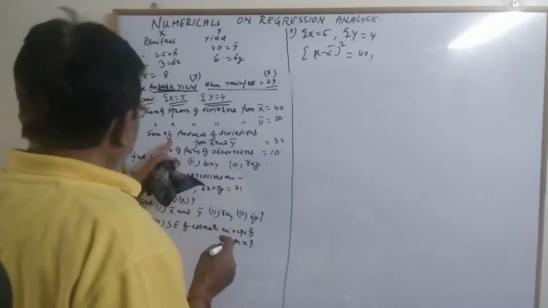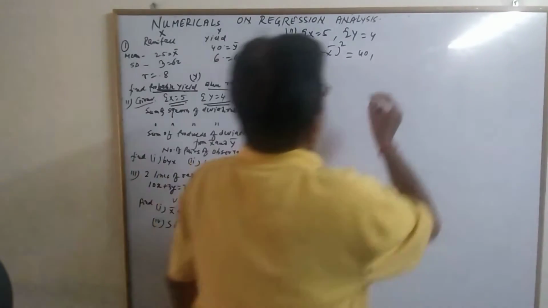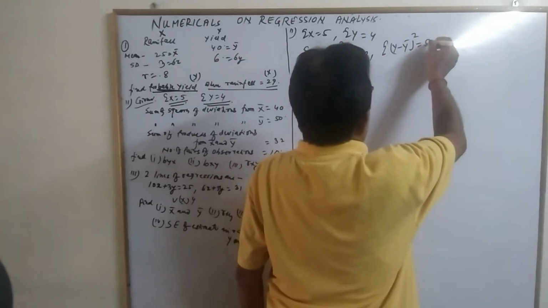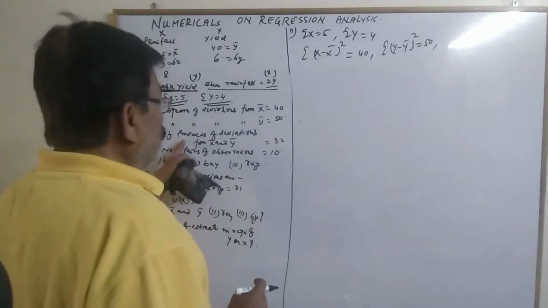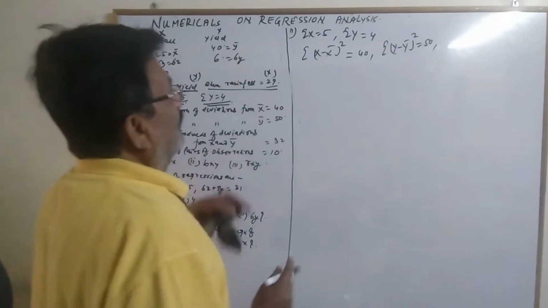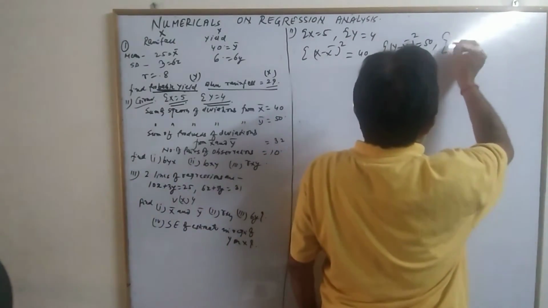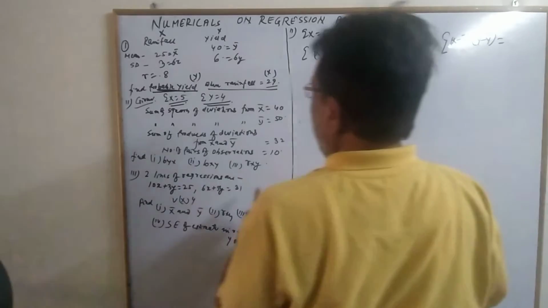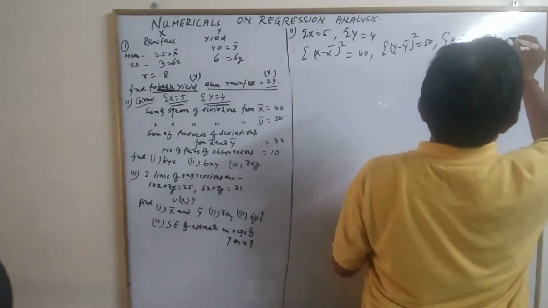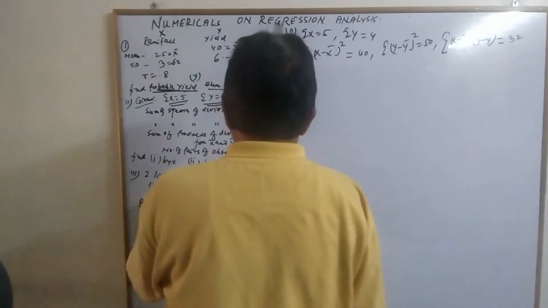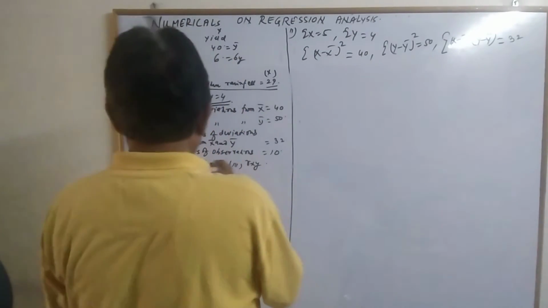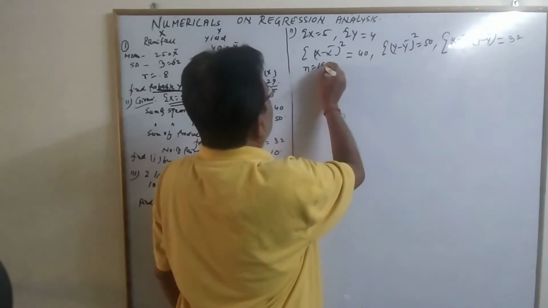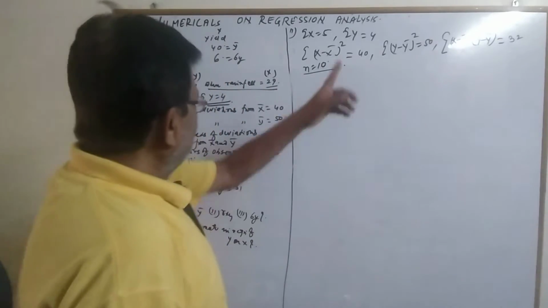Next, the sum of squares of deviations from y bar, so summation y minus y bar square, is 50, and the sum of products of deviations from x bar and y bar, so summation x minus x bar into y minus y bar, is 32. So the given sum in the form of language has to be decoded in this way, and the number of pairs of observations is 10. So n is 10. This is the given data.